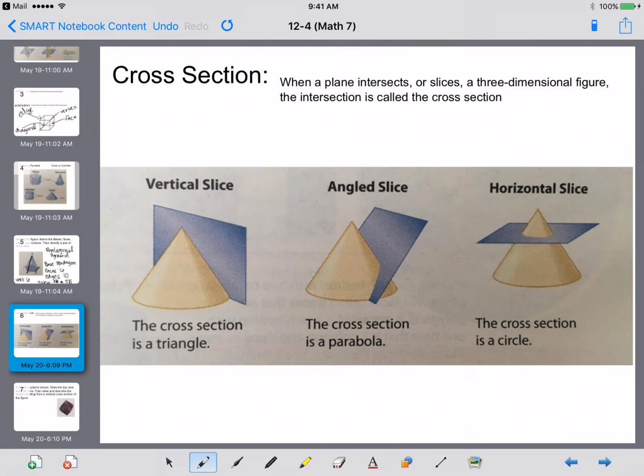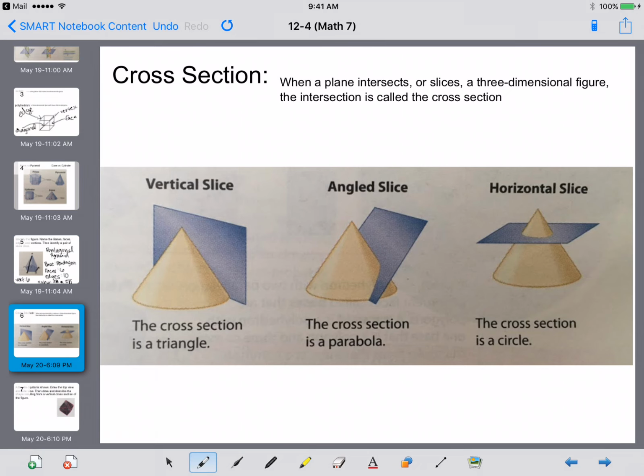Here we're adding in a cross section, and a cross section is when a plane intersects or slices a three-dimensional figure. The intersection where it cuts through is called the cross section. So you're imagining cutting the shape with your plane. So if I were to cut a vertical slice through this cone and open it up, the cross section is what that looks like.